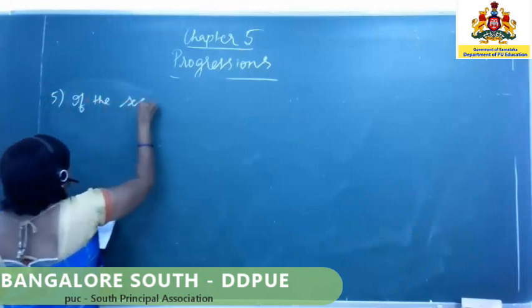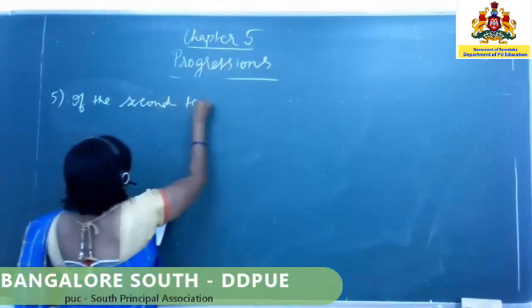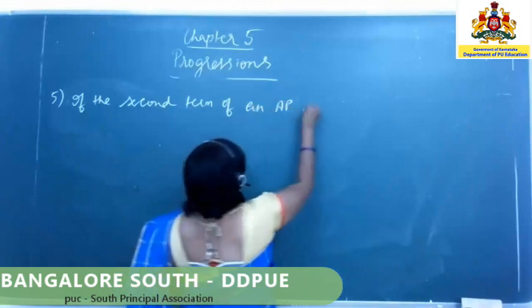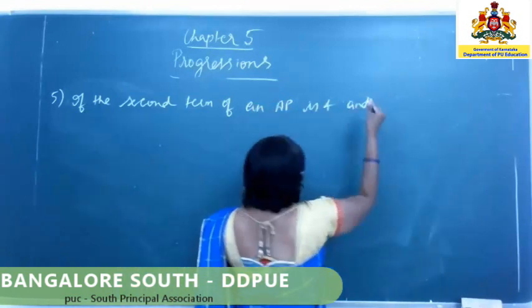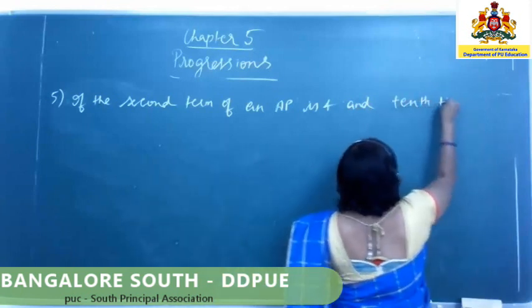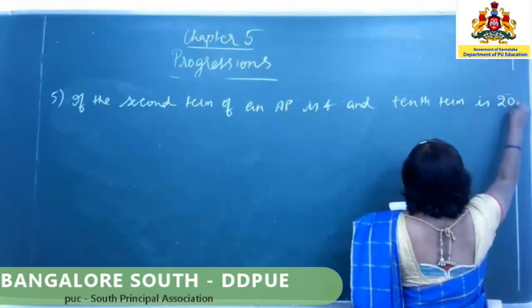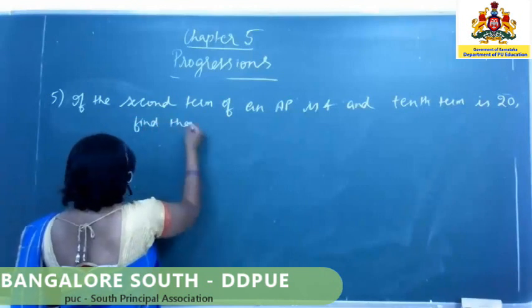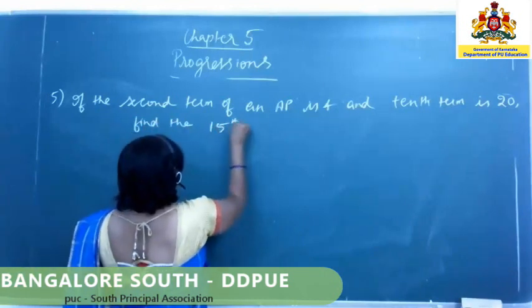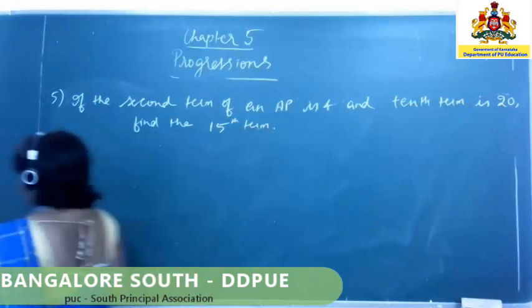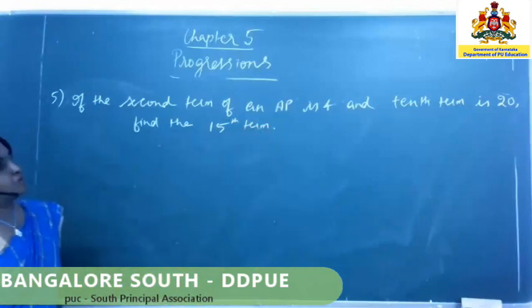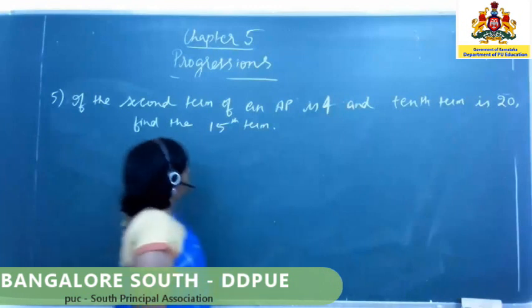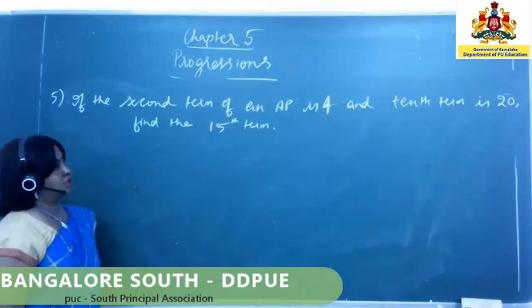If the second term of an AP is 4 and 10th term is 20, find the 15th term.